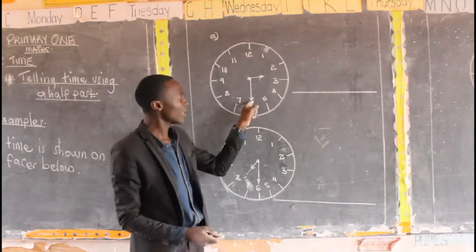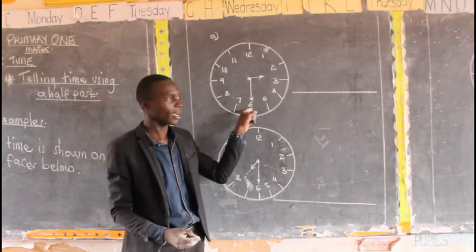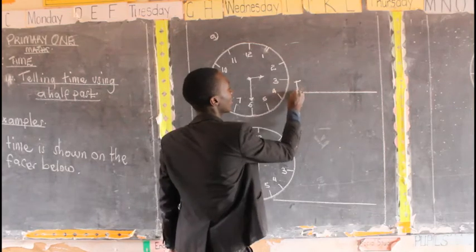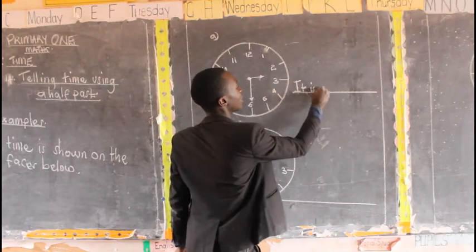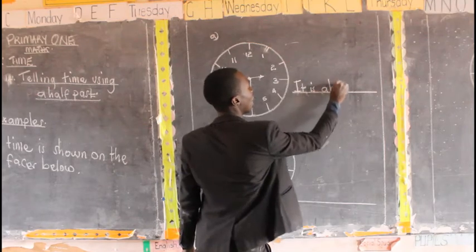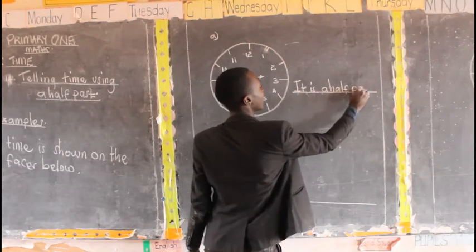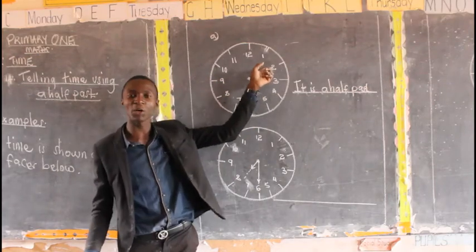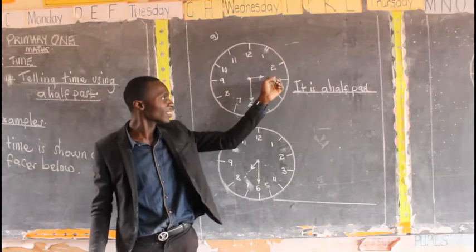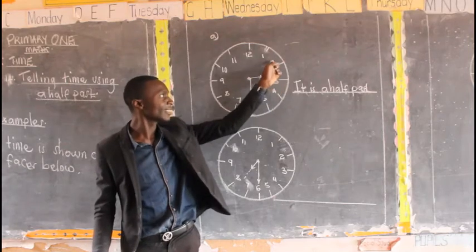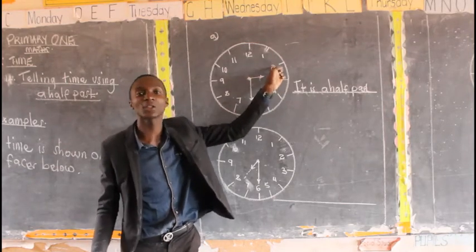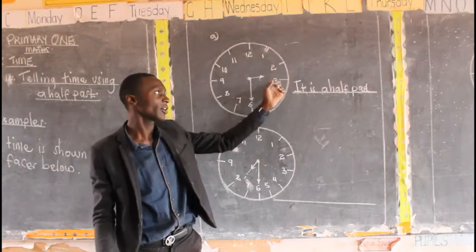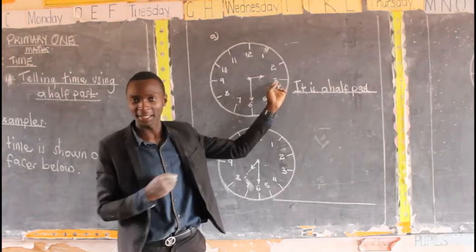Here, the long minute hand is facing 6, and that's why we say it is a half past. Past what digit? Past 3 or past 2, because it is in between. Because it is just before this 3, it is a half past this 2, because it has not yet reached this digit 3.